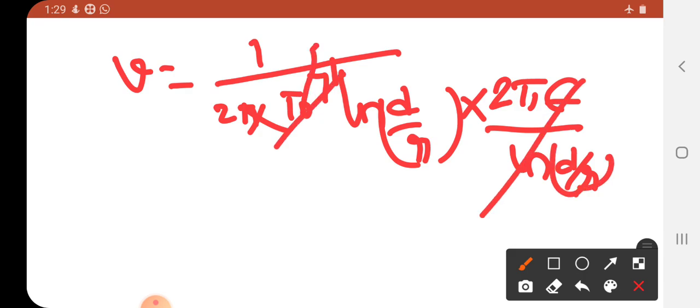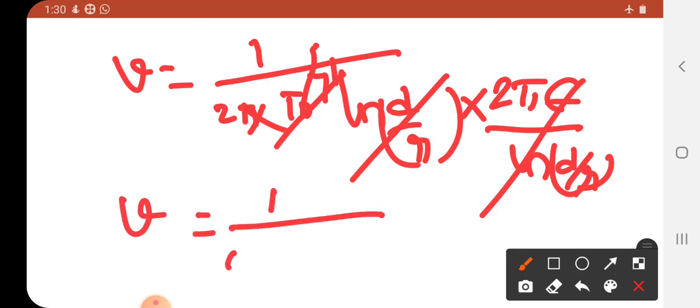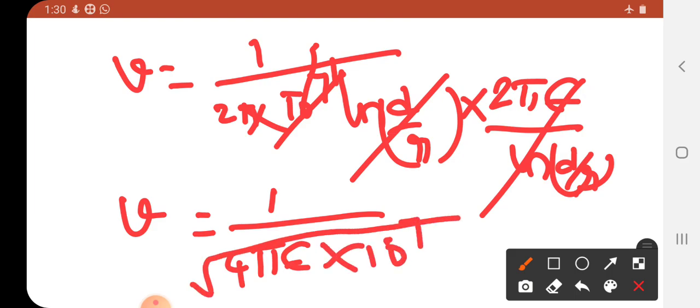Yes, ln d by r and ln d by r, so these two will get cancelled. Now what is the remaining thing? Velocity V is equal to 1 by square root of 4 pi epsilon into 10 power minus 7. Yes, 10 power minus 7.